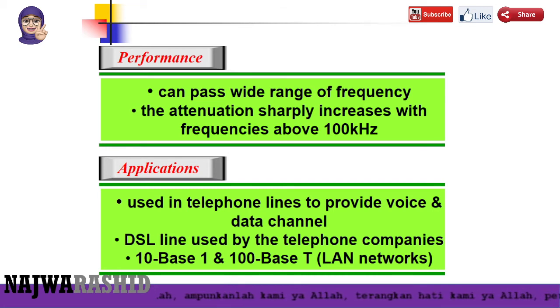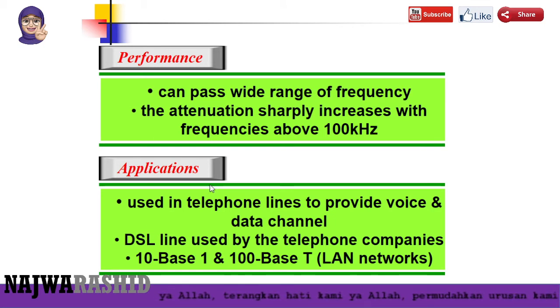Okay, next we go for the performance and the application. It can pass a wide range of frequency. For the TP cable, the attenuation sharply increases with frequency above 100 kilohertz. Here we have the impairment on the attenuation.